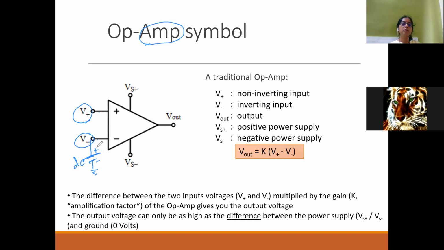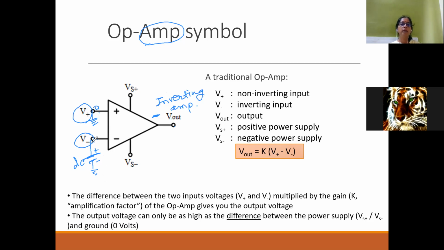If you are applying some positive voltage to the inverting terminal of this op-amp, then at the output you are getting negative output. Suppose this is connected to ground. With respect to ground, that means 0 volt, this positive voltage will be converted to negative. Such kind of configuration of this op-amp is called as inverting amplifier.